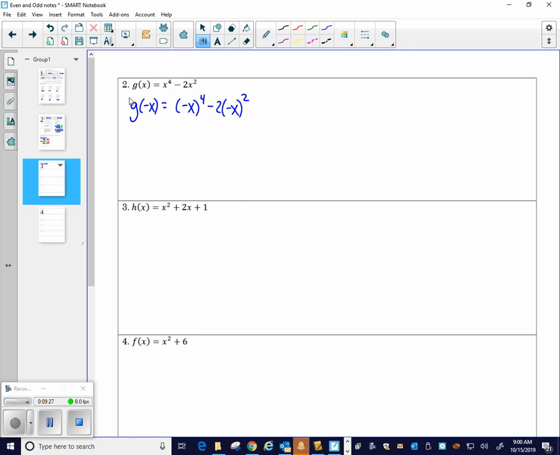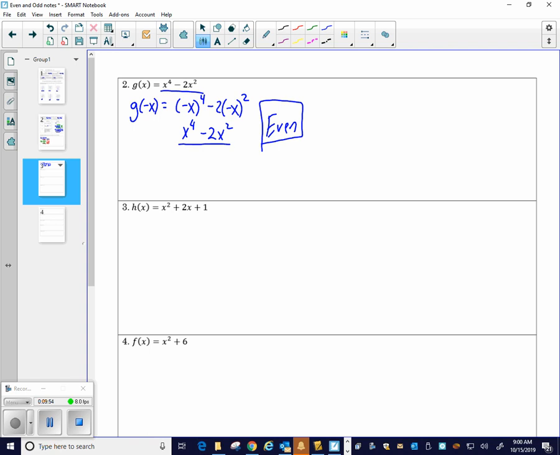Negative x to the 4th power is an even power, so it's going to become x to the 4th. And then minus 2 times negative x to the 2nd power will become positive, so that's x squared. And this is exactly the same as this. The nice thing about this is once you find that it's even, you're done. You don't even need to test for odd.